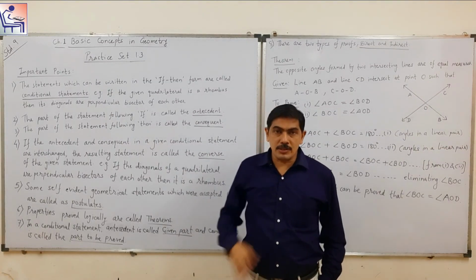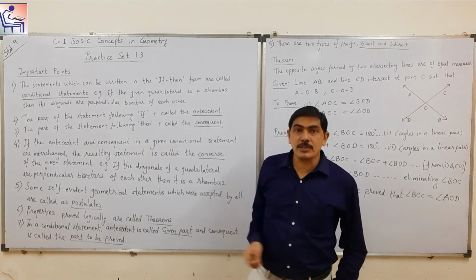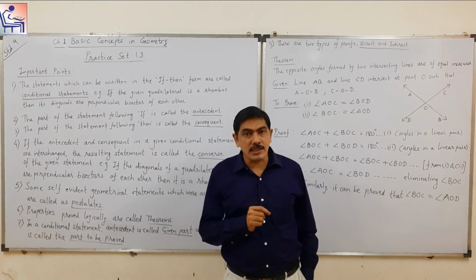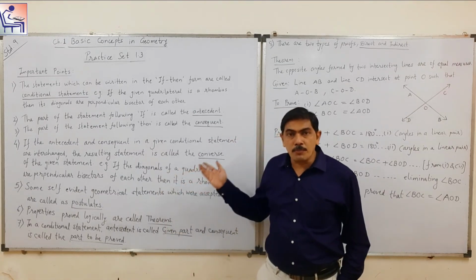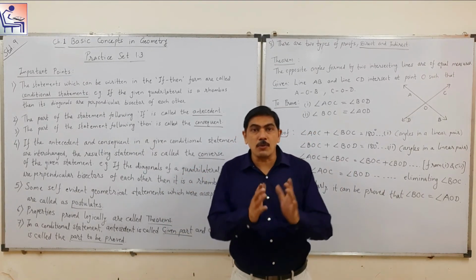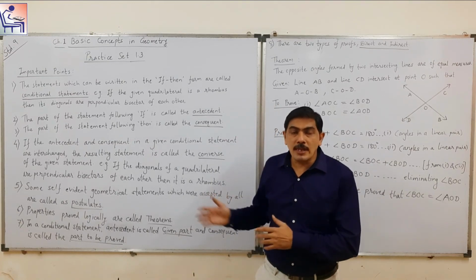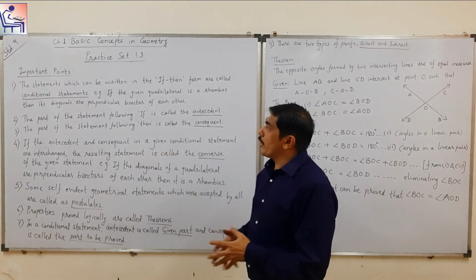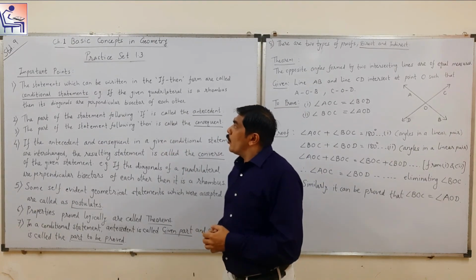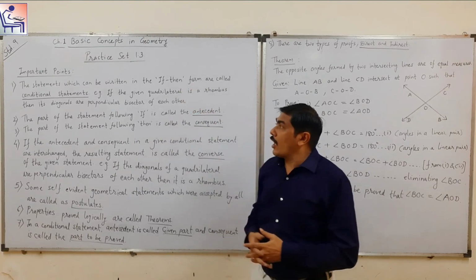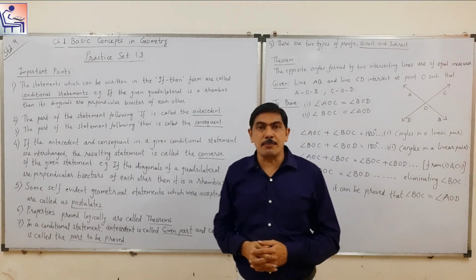We are starting with practice set 1.3. Before starting with practice set 1.3, I want to give you some important points and one theorem which I want to explain to you. So let's see all the points one by one. The first point is: the statements which can be written in the if-then form are called conditional statements.